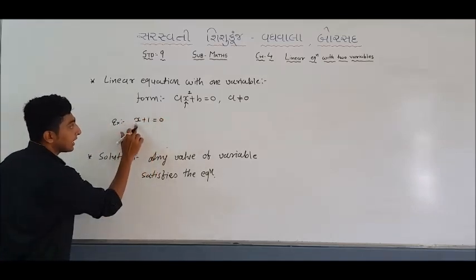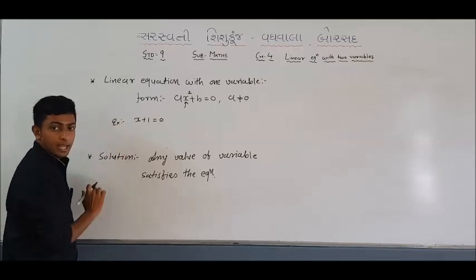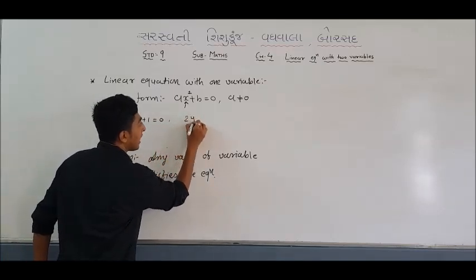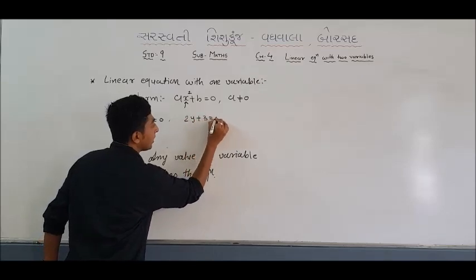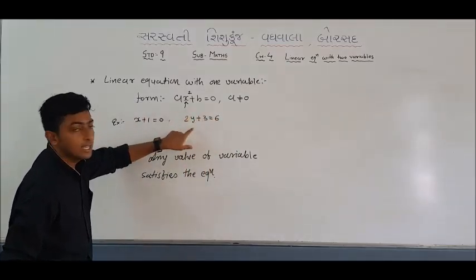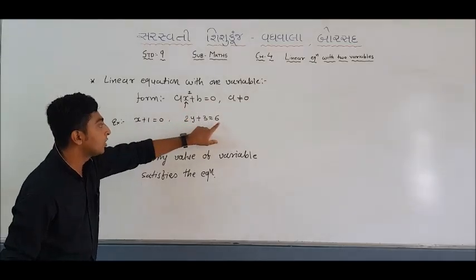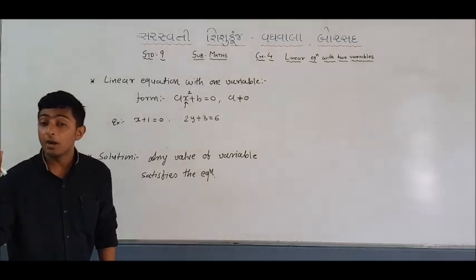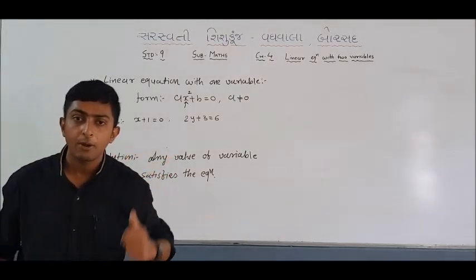See, here there is only one variable x. Another example, 2y + 3 = 6. Here there is only one variable y, and 3 and 6 are constants. Here we cannot take a = 0. Why? If we take a = 0, then only the constant term remains. That's why we cannot take a equal to 0.